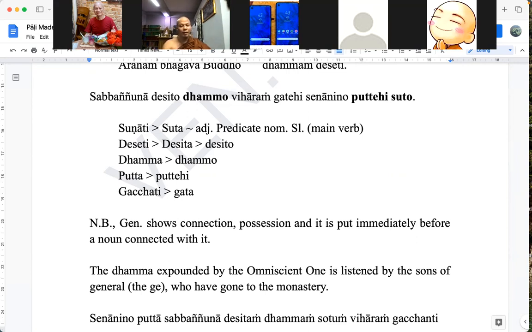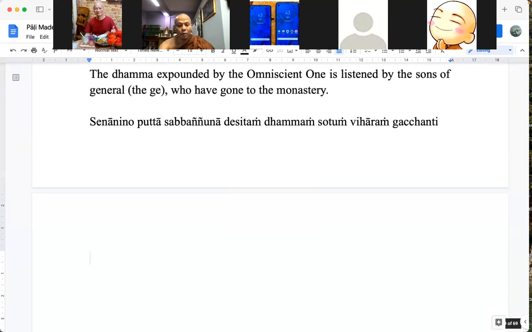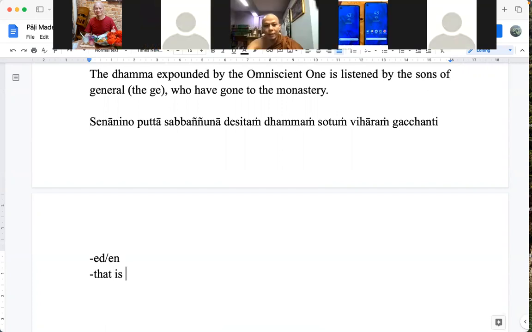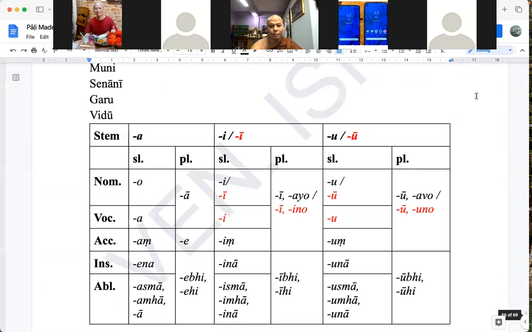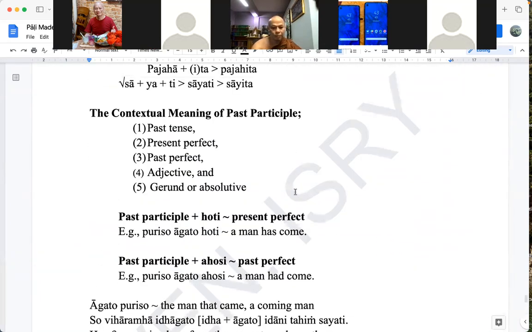So that is why when we learn the past participle, it can be translated with -ed, -en, or as an adjective. By way of translation, can you remember? So okay, let's go back to that one. Any one of them we can use. Now I just choose this one. Oh, okay.